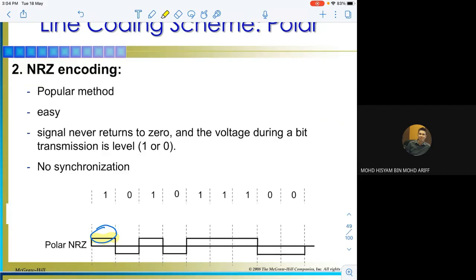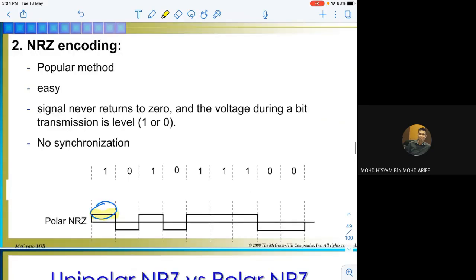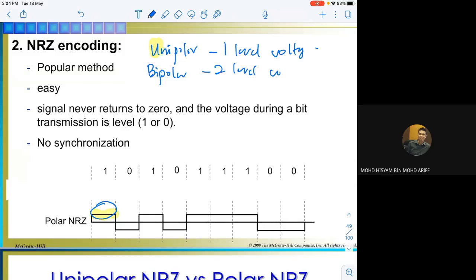Now, non-return zero polar, how is it? Last time you learned about unipolar: one level voltage only. Polar has two level voltage. One is on the positive side, zero is on the negative side.